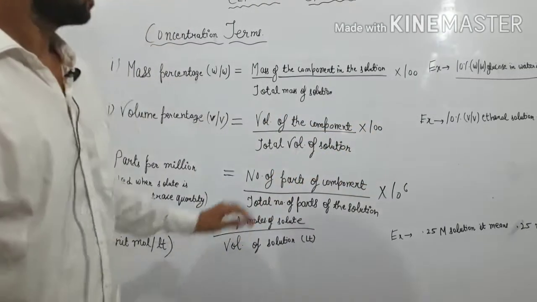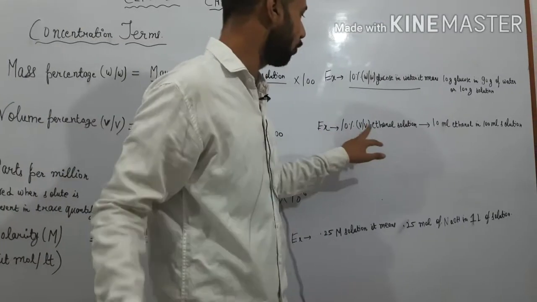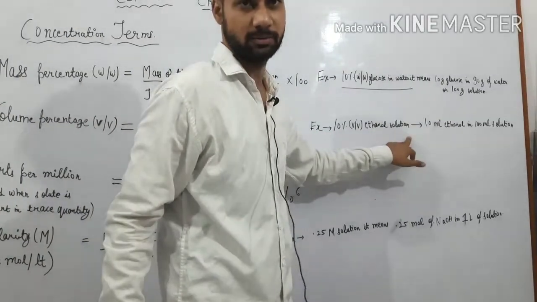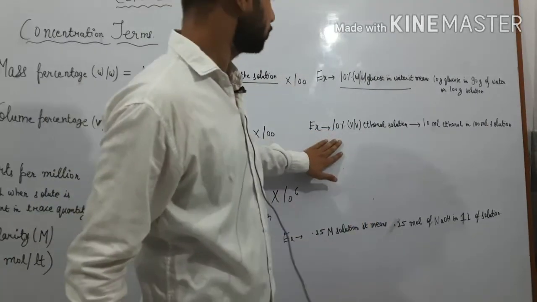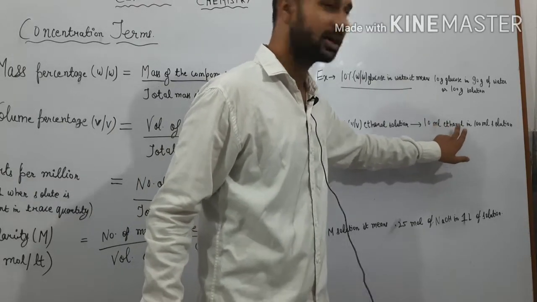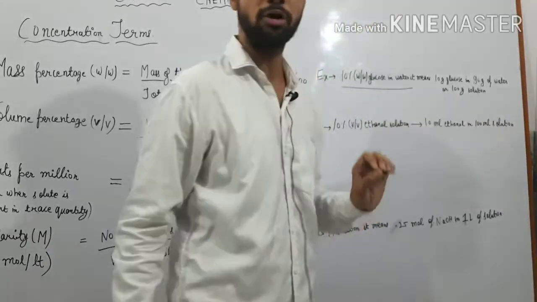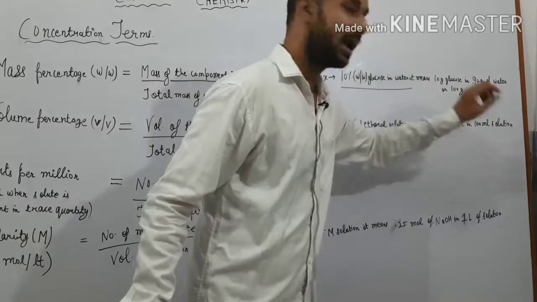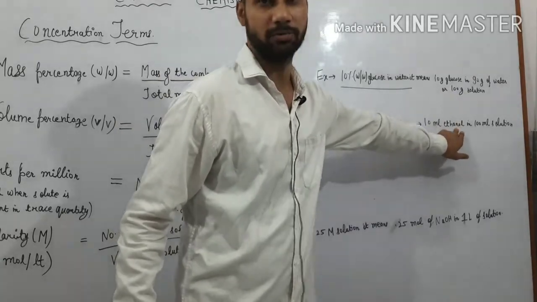For example, if the statement is written 10% volume by volume ethanol solution, what do we interpret from this? This means there is 10 milliliter of ethanol in 100 ml solution. The total volume of solution is 100 ml, and in that 100 ml there is 10 milliliter of ethanol.